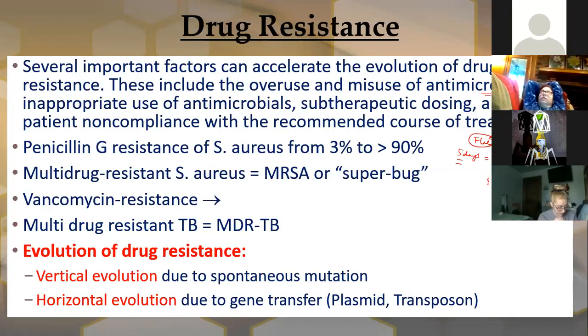Okay, because they can do that horizontal gene transfer. They can pick up the genes from the environment. As soon as they pick up these genes, immediately their body is going to make an antibody-like structure, and that will make them resistant. Means they know how to protect that antigen.